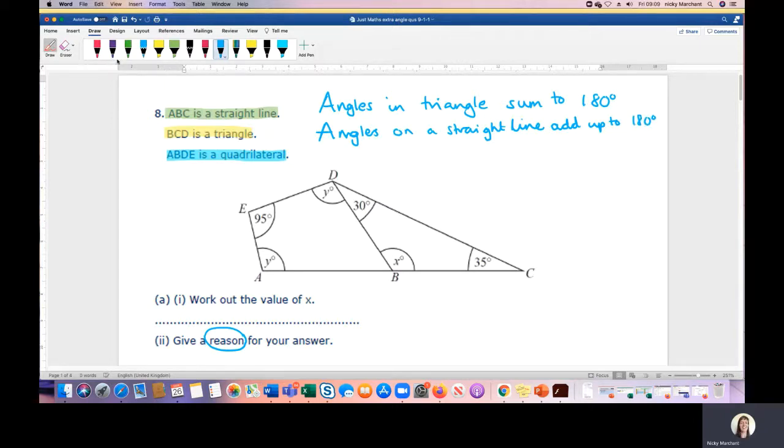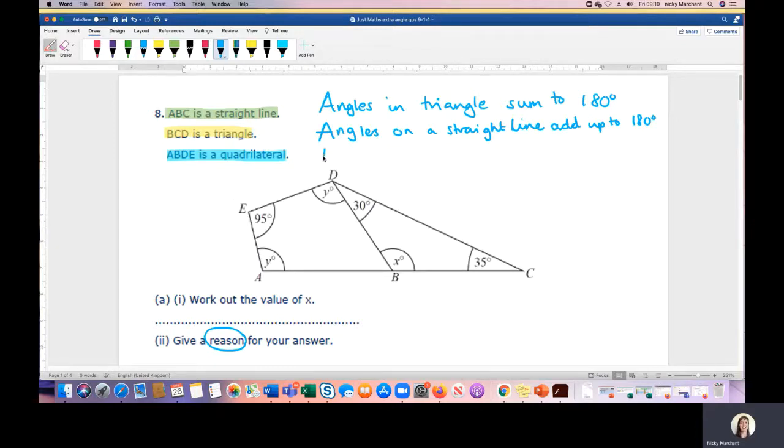I'm just going to change that first bit because it's annoying me, sorry. My pen went a bit weird. Okay, angles on a straight line, add up to 180 degrees. And the last one, the fact that it's a quadrilateral, so ABDE is a quadrilateral.